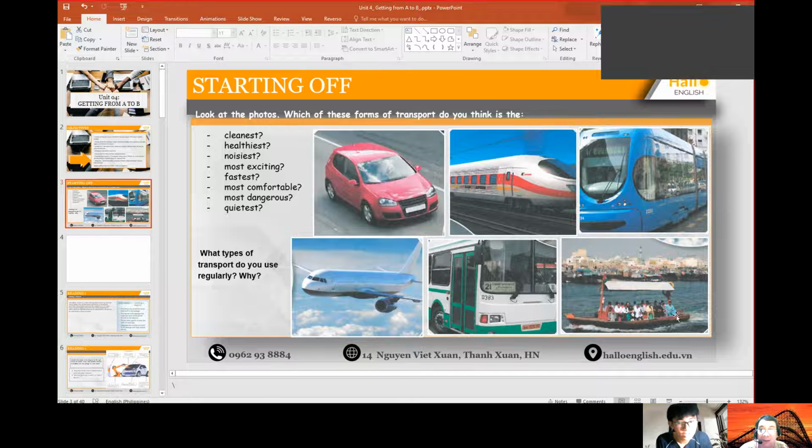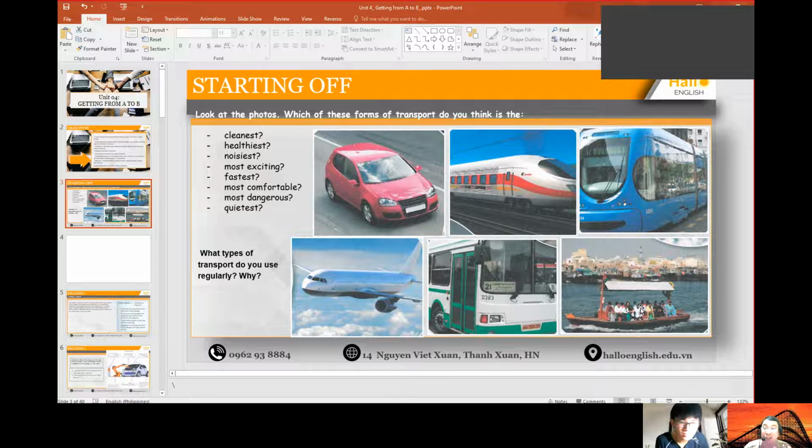The boat. Why is it this one is the cleanest? Because it doesn't contribute to the air pollution or water pollution. It doesn't use any industrial energy to motorize it. It doesn't use what?